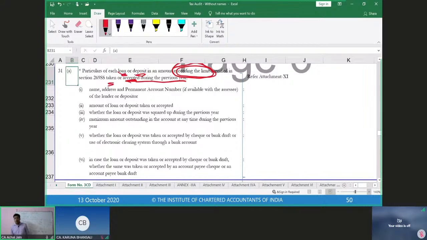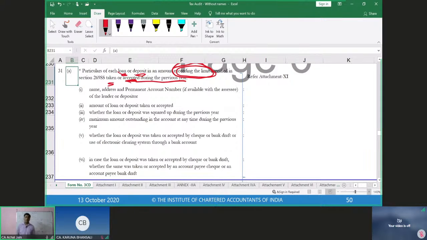In case the loan or deposit was taken or accepted by cheque or bank draft, whether the same was taken or accepted by an account payee cheque or an account payee bank draft. So continuing on point number 5, if we say yes, this came by cheque and it came by draft, whether those cheques or drafts were account payee or not, this is something which is required to be specified.